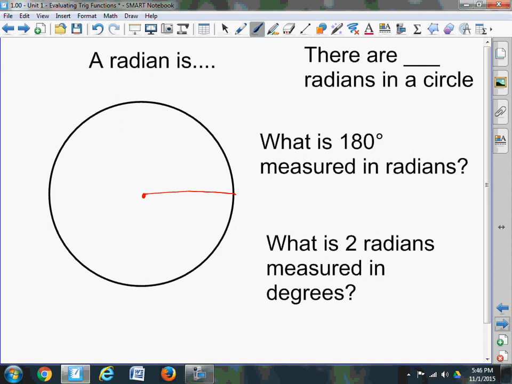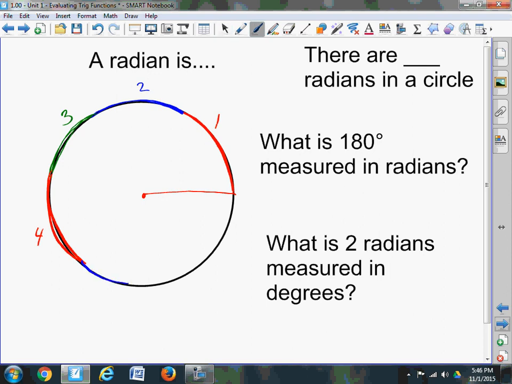If I took that length and measured, that's one radius length or one radian, and then I took another, that's my second radian, and then a third, and a fourth. My question is how many radius lengths would fit around the circle?